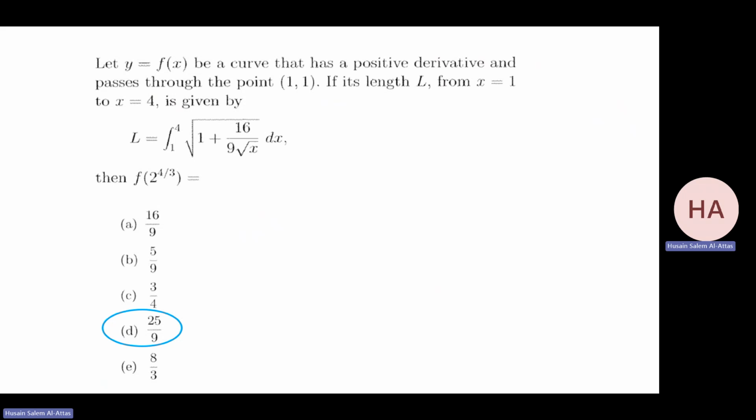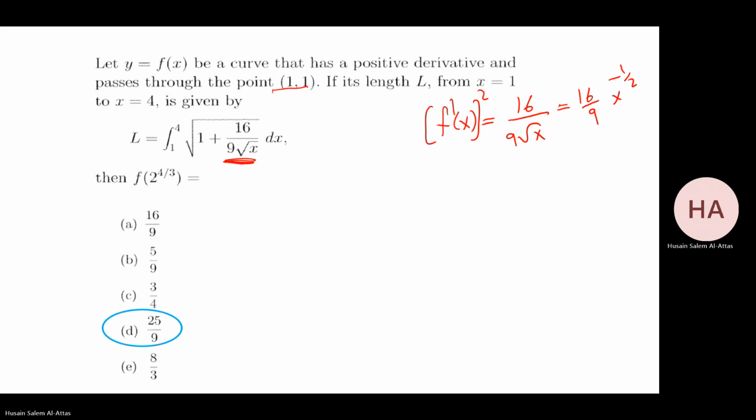Okay, that has a positive derivative and passes through the point this. If its length is given by this, so this will be f prime square, which is what? 16 over 9 x to the power minus half.